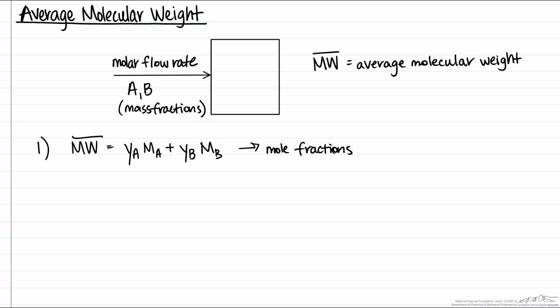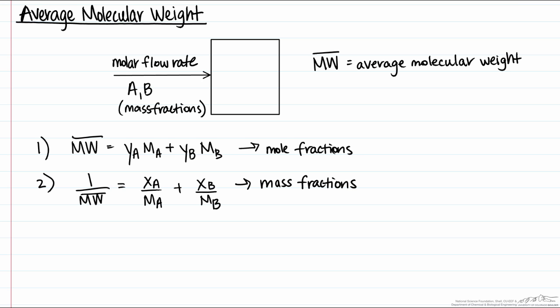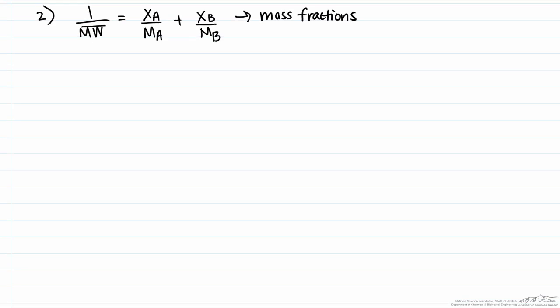If you're given mass fractions, then it's 1 over M bar equals the mass fraction of A over the molecular weight of A plus x_B over M_B. And by the way, you can use this for 2 components, 10 components, however many that you have in your mixture.